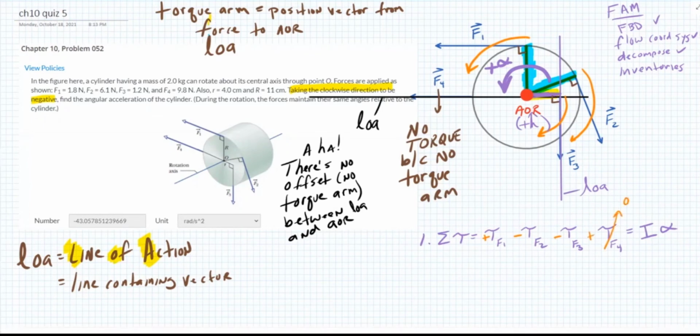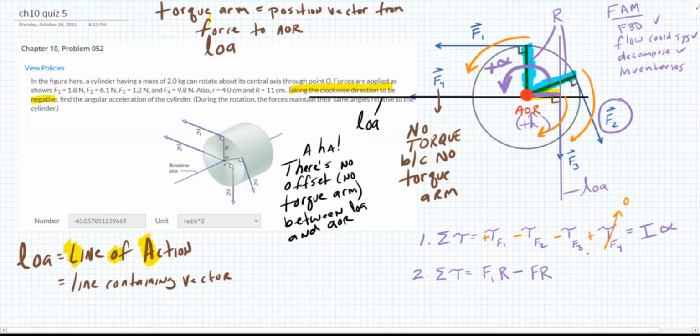Okay. This is new. This is the sticky part. So let me be very clear. What is the sum of all my torques? I have the torque due to F1, which is force times lever arm. So it's going to be F1 times F1's lever arm. This is the lever arm. It's the radius of that flywheel. And then minus the torque due to F2, because F2 is trying to spin this disc in the clockwise direction, which we said is negative, and its torque arm is also R, just the radius.